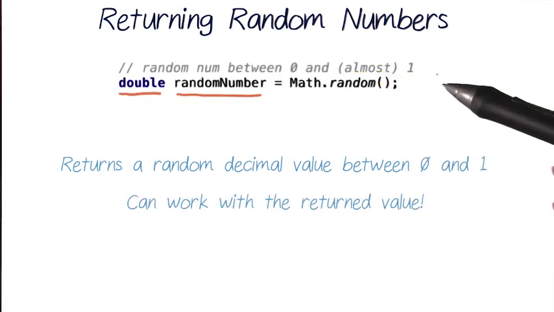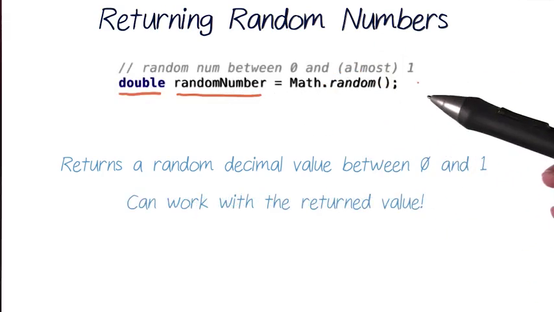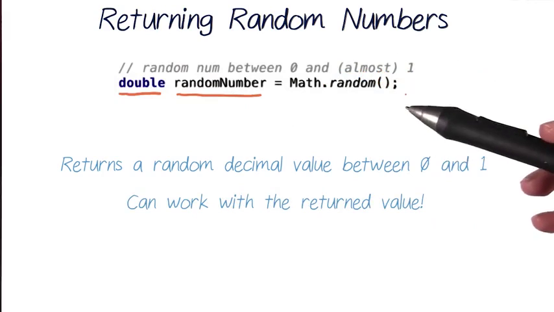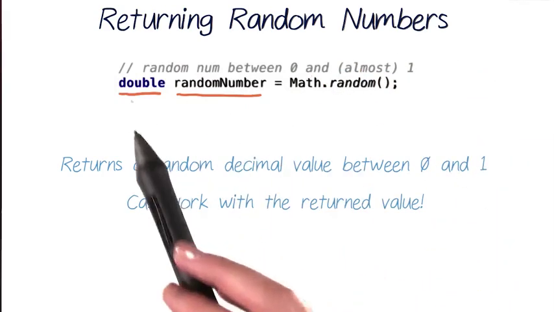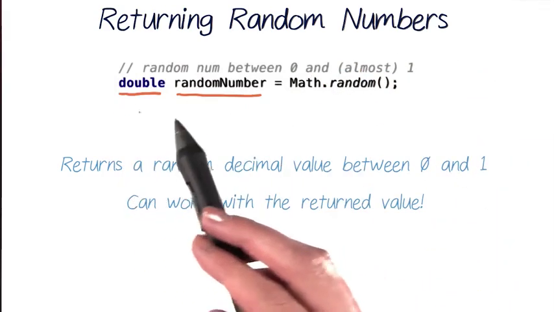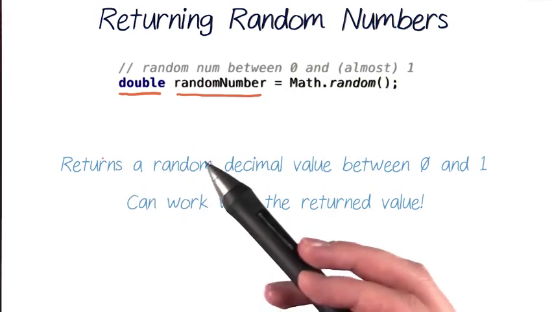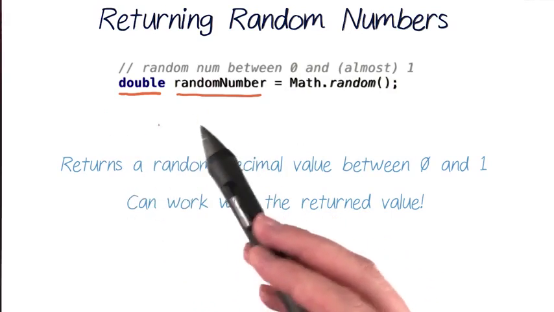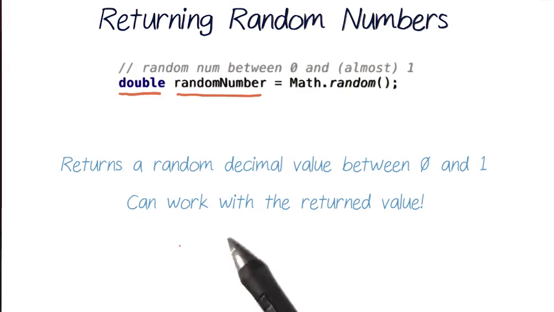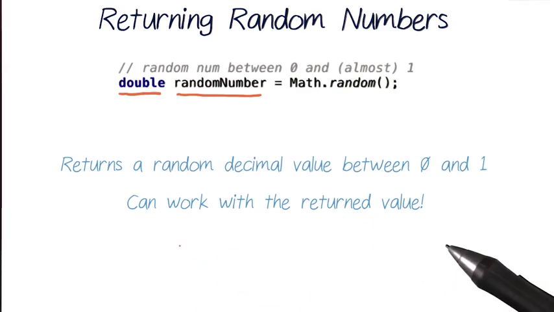And since Math.random returns a random value as output, we can assign the value of this function call to a variable. This will be a double because it's a number that involves decimal points, and let's call this value randomNumber.